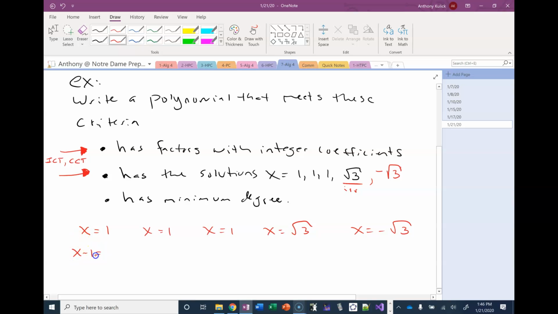So for the first one, I'm going to subtract 1 from both sides. And then I'm going to subtract the square root of 3 from both sides. And then I'm going to add the square root of 3 to both sides. What I did is I've converted those 5 solutions into 5 equations that are all equal to 0. Everybody's okay with what we've done?